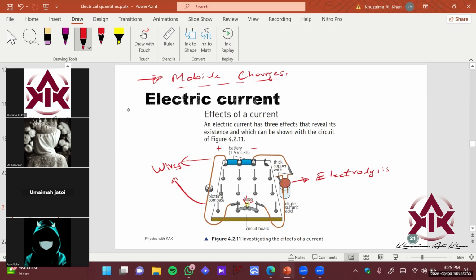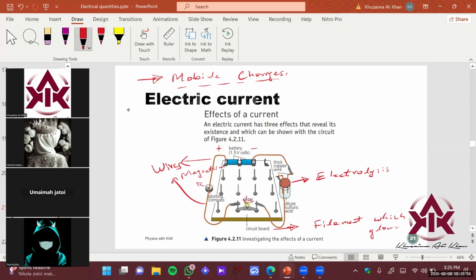So you can see that over here, the compass basically works on magnetism, right? And the lamp works on electrical phenomena, okay? It has a filament which glows.